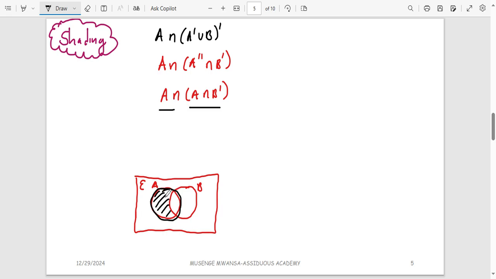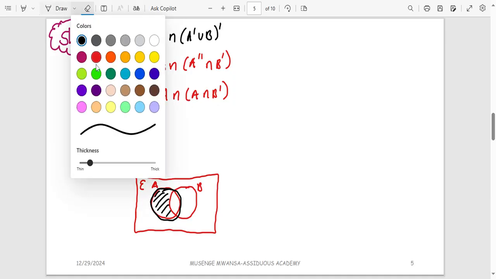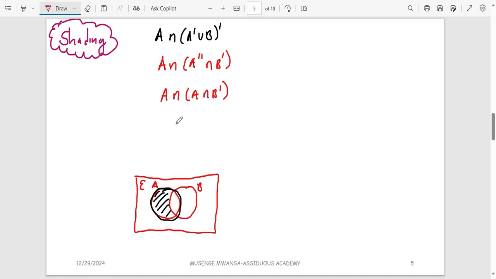So can you see that where the two sets are intersecting is basically the same A intersection B complement, the same one that I've shaded. So this set here, the simplest form is actually just A intersection B complement. Why? Because A intersection B complement is actually a smaller set in comparison to A. So this is how you answer this question.